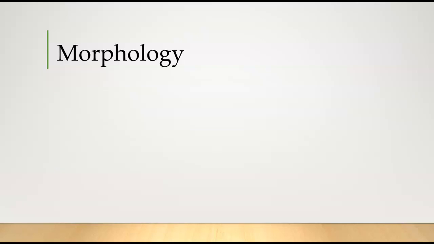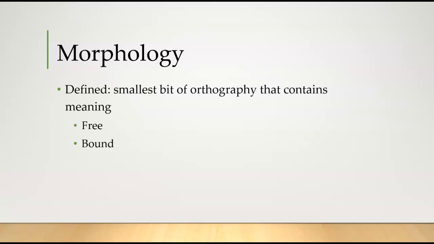Okay, moving along. Morphology. Okay, so what is a morpheme? We've talked about phonemes, that's the smallest unit of sound. Grapheme is the smallest unit of writing. So a morpheme is the smallest bit of orthography, which is sort of like the letter system in a language, that contains meaning.